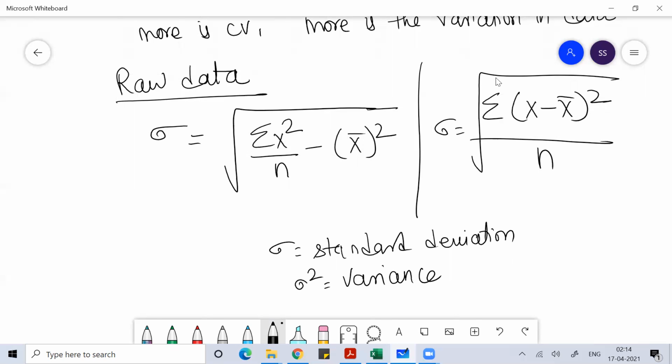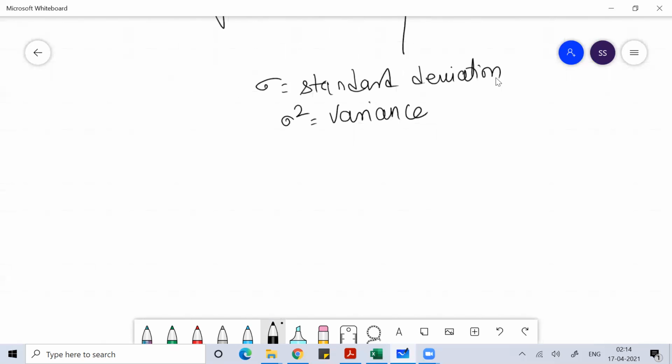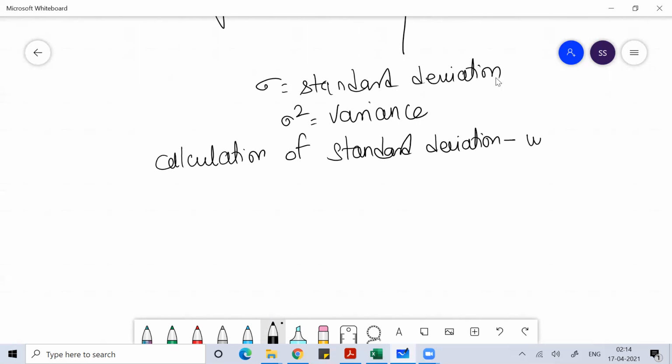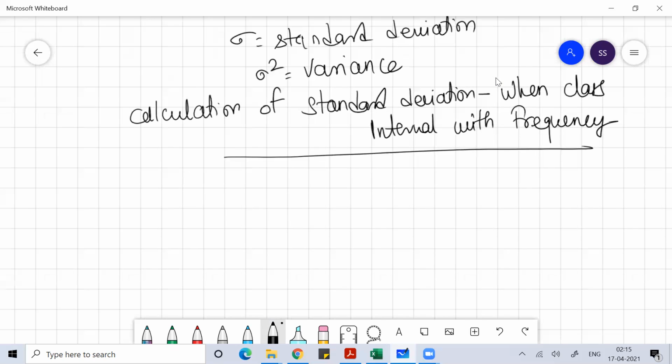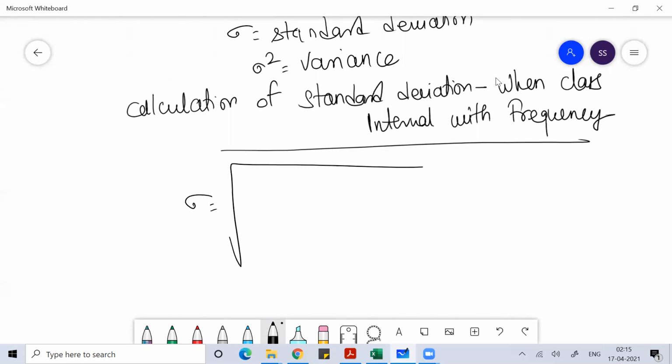Remember this. If I give you a class interval with frequency, and I ask you for the calculation of standard deviation, use the formula under root of summation of f times (x minus x bar) whole squared divided by summation of f.